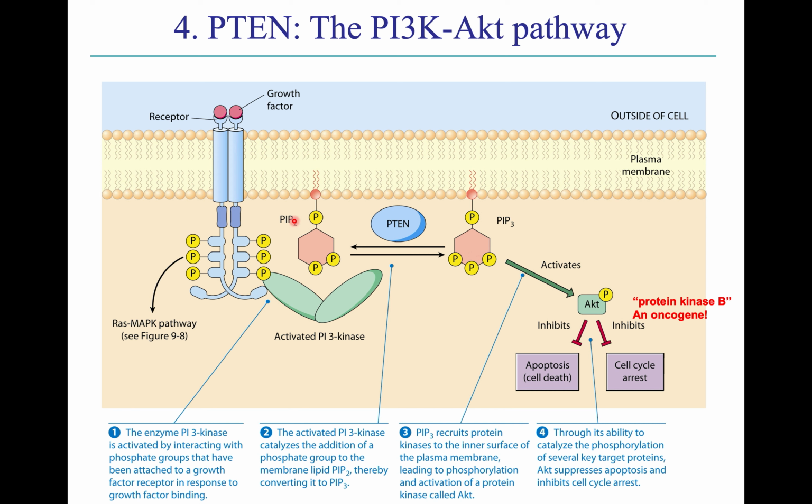So it's actively working against the progression of this pathway, putting the brakes on it essentially. So if we mutate PTEN, if we cut those brakes, then we're going to race through this pathway uninhibited. Okay, so you can have tumor suppressor genes even in the context of these oncogenic pathways.